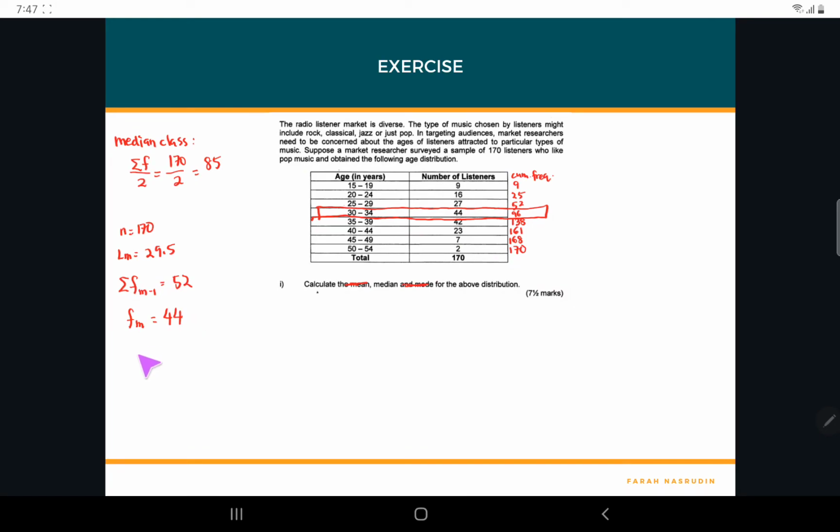And then the last one is our C. C is the median class size. We need to find how many terms, from 30 until 34: 30, 31, 32, 33, 34. So it is equal to 5.